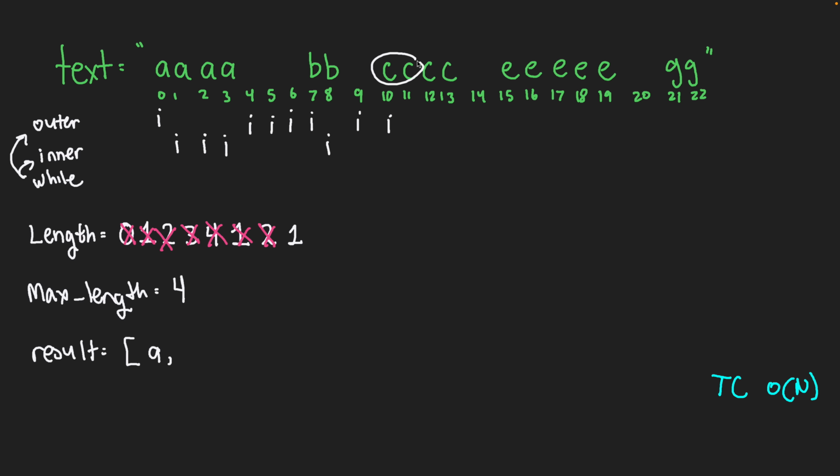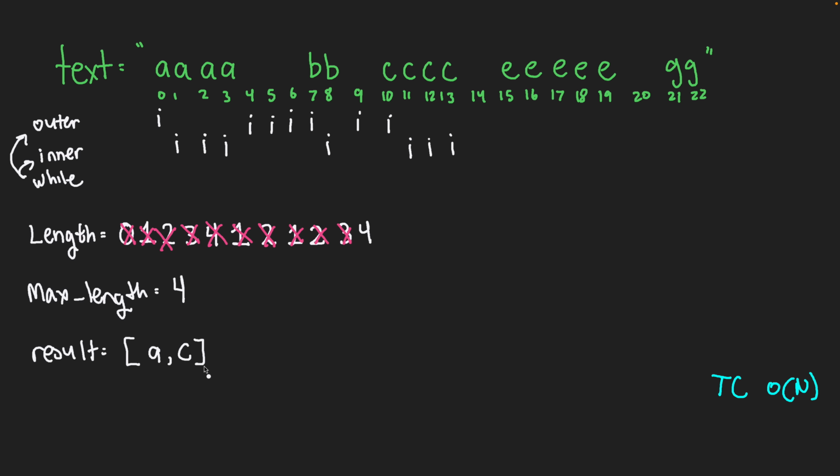We find one valid pair, so increment length to 2, increment I. We have another valid pair, so let's increment length to 3, increment I, and another valid pair, increase to 4, increment I. Our while loop stops there, and we interestingly note that we found another repeating character whose length is the same as our previously found A. Thus, in any situation where the length and max length are tied and equal, we'll simply append the letter at hand, the C, onto our answer.